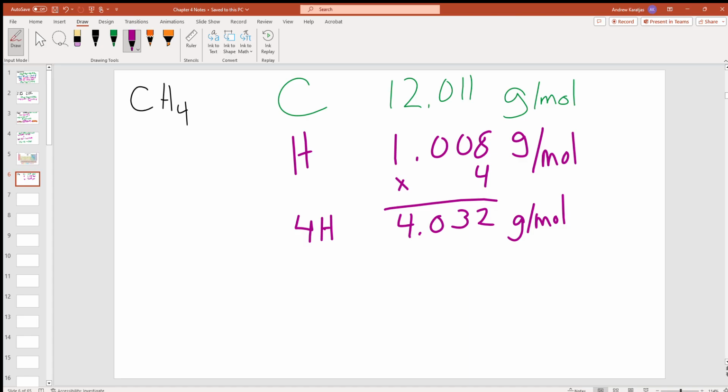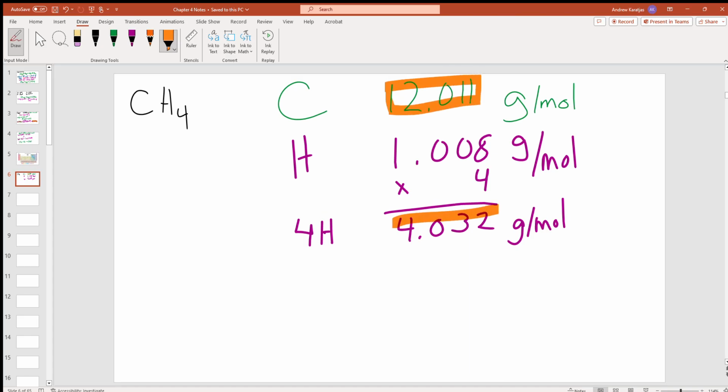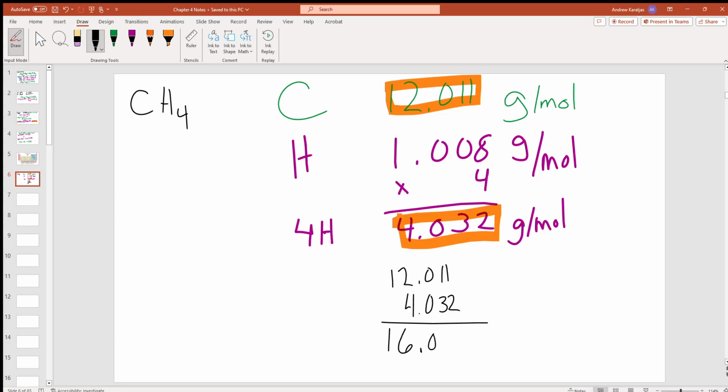So now to find the mass for a mole of methane, we're going to add our mass of carbon and our mass of 4 hydrogens. 12.011, 4.032, and we get 16.043 grams per mole. So the mass for 1 mole of methane, 16.043 grams per mole.